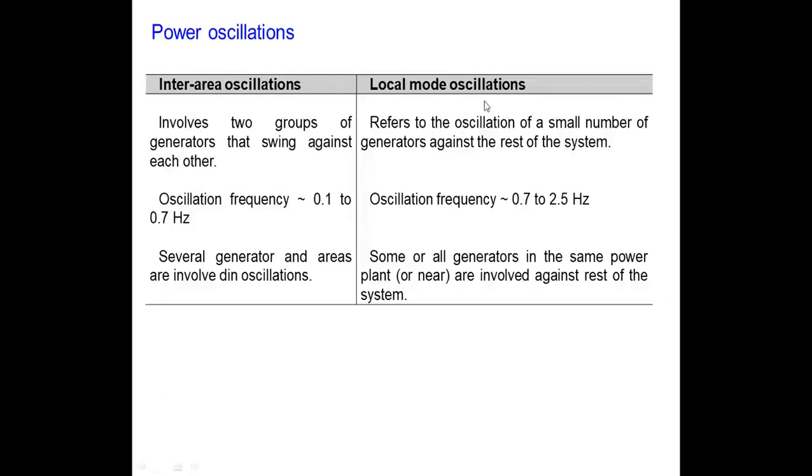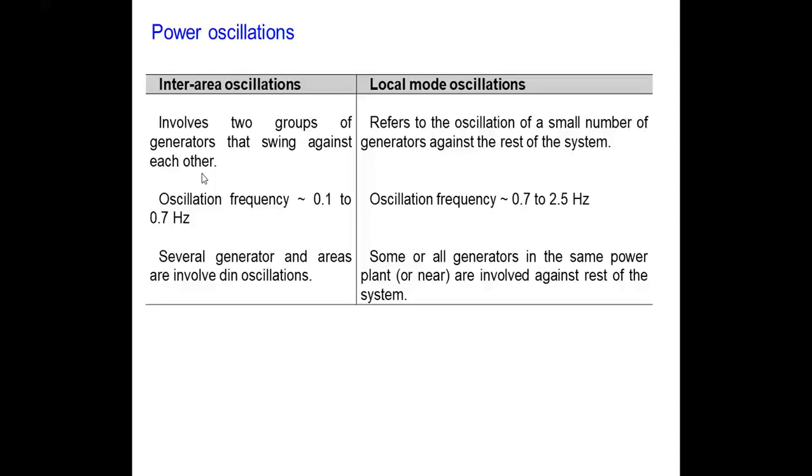what inter-area oscillations and the local mode are. We say inter-area oscillations are between two groups of generators, which will swing against each other. As I said in the earlier class, we have an oscillation between the generators located in the south of Finland and the south of Sweden, right?